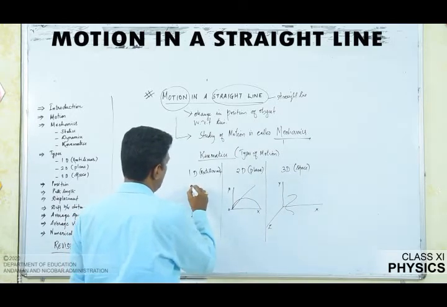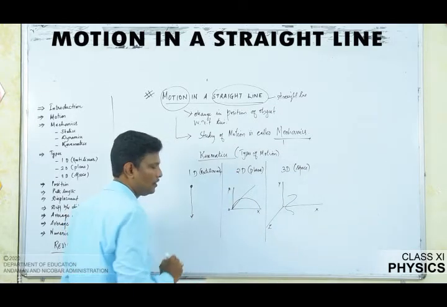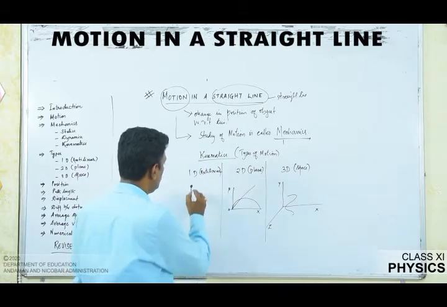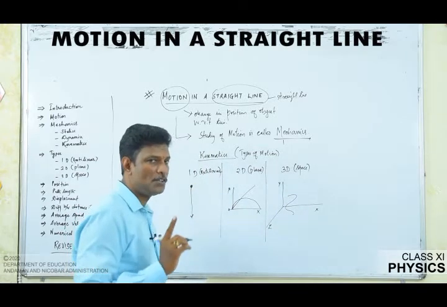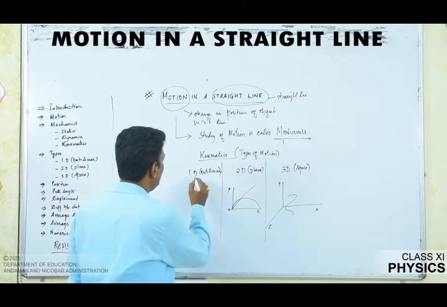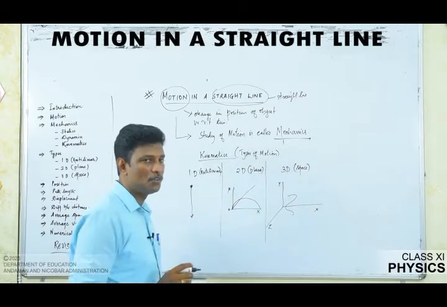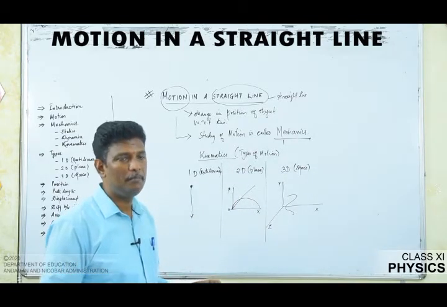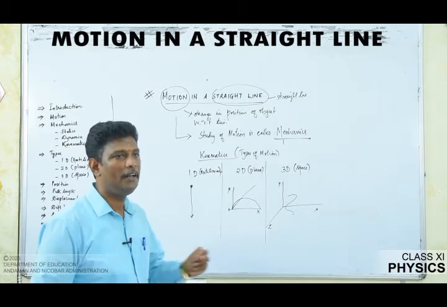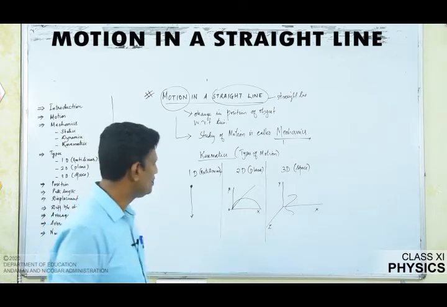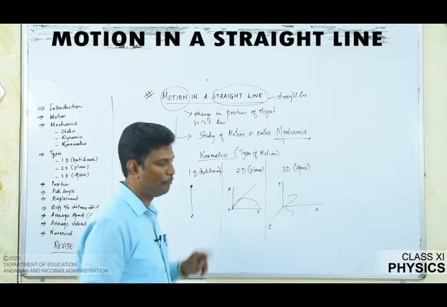Let us consider an object is falling. It is in one dimension only, so it is called rectilinear motion. What is rectilinear motion? Any object moving in a particular straight line is called rectilinear motion.